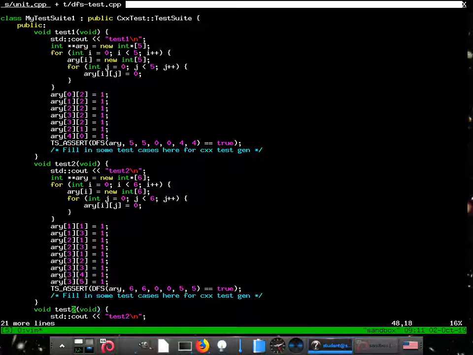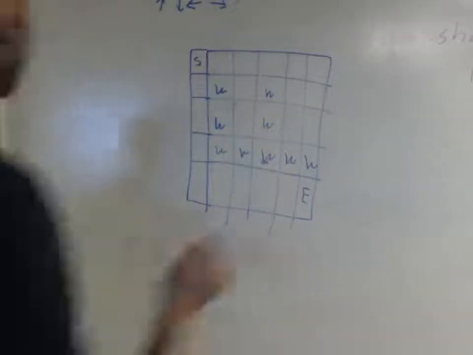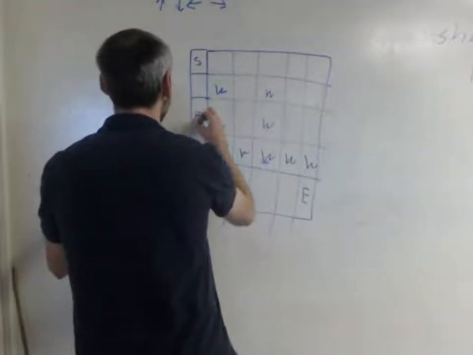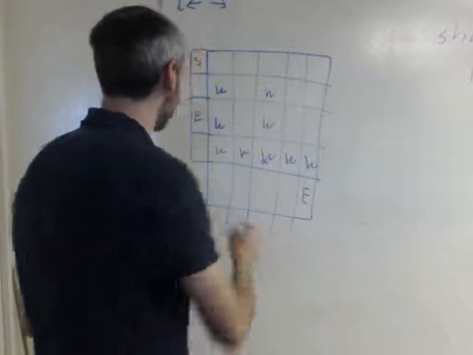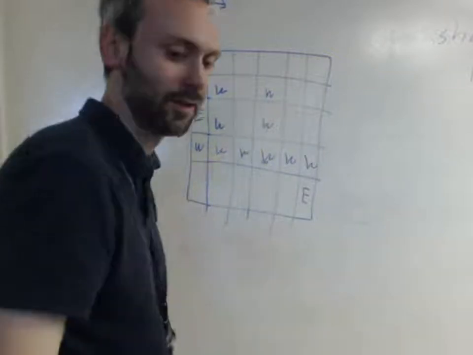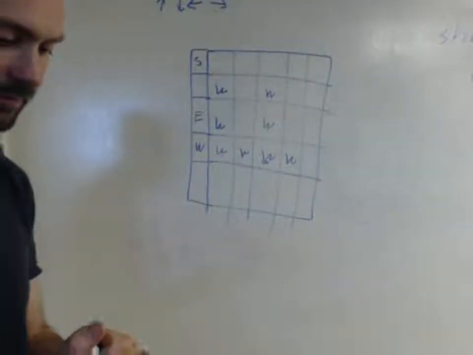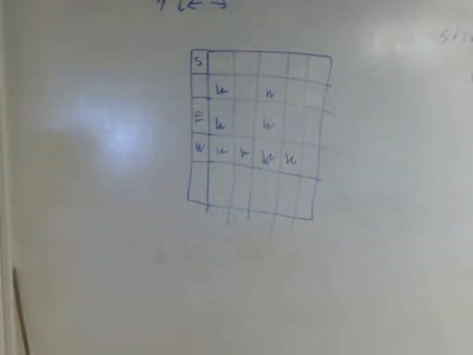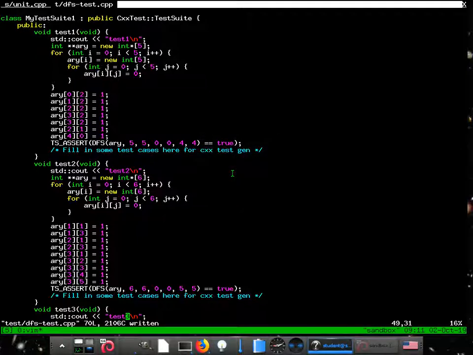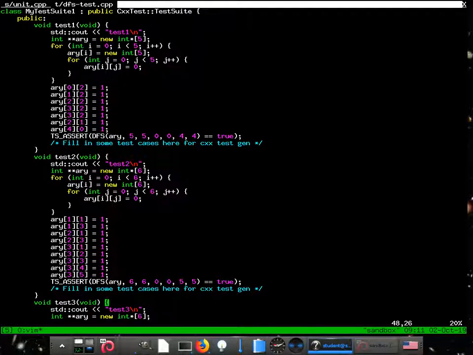We're going to do test 3. And this time, I'm going to put E right here. I'm going to put a wall right here. And then I'm going to remove this wall. So now E is 2, 0, right?